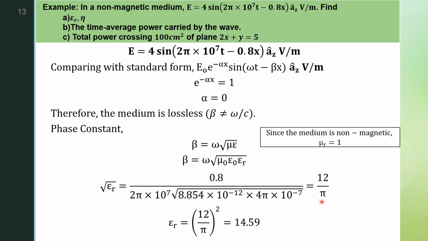So substituting, you will get it as 12 by π, and 12 by π is actually root epsilon r. Then what is epsilon r? That is the square of 12 by π, and that's going to be 14.59. So we just found out the relative permittivity.